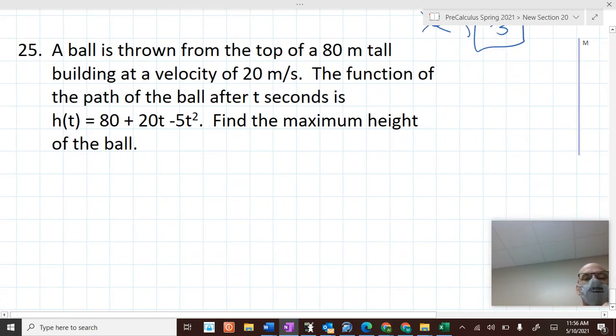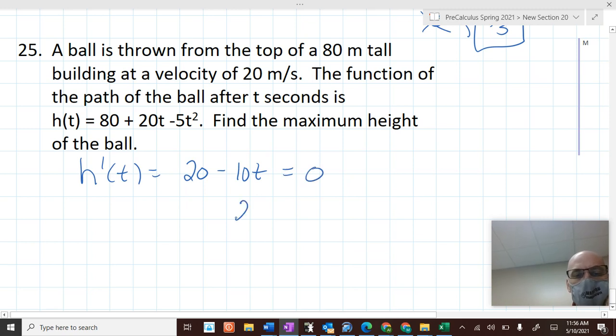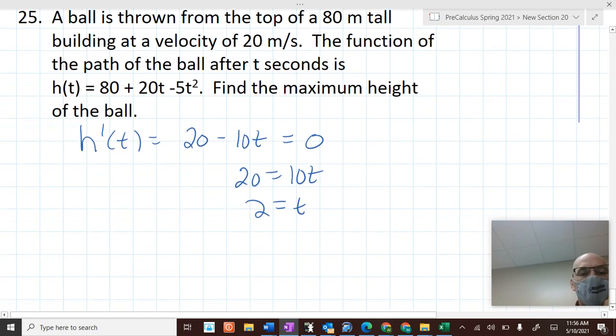Ball is thrown, we get that equation, find the maximum height of the ball. How do we find the maximum height of the ball? First derivative. 20 minus 10t. So that equals 0. 20 equals 10t. t equals 2. So at 2 seconds, how high is the ball?